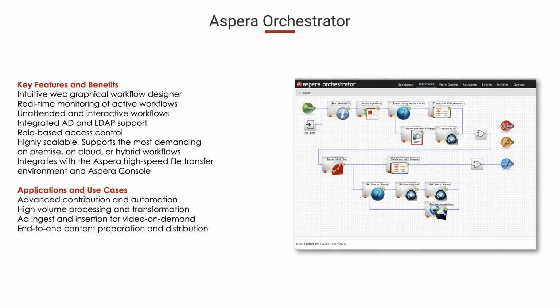You'll see some of the key features here, including monitoring of workflows and work orders as they run through. There is role-based access control that can integrate with network directories as well as SAML.